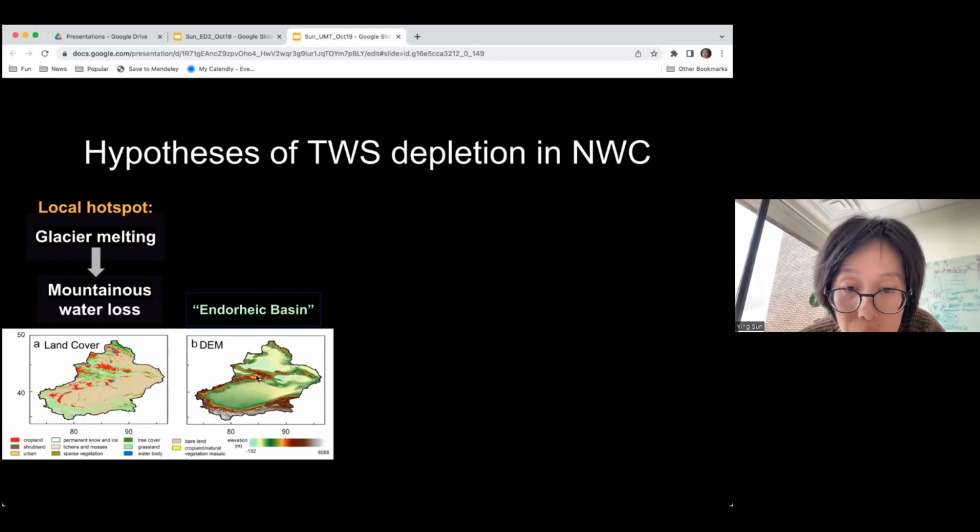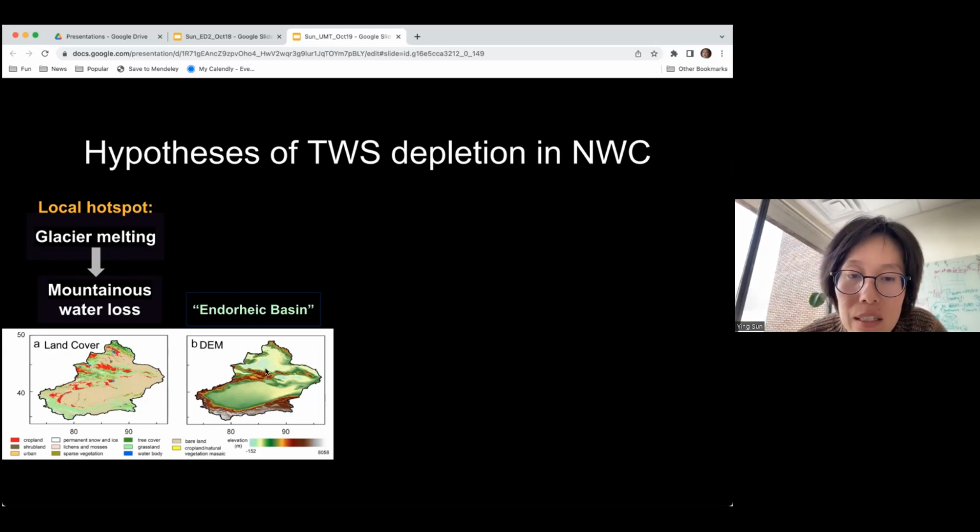Here, the gray area means these are the mountain areas. So that means if there is more glacier melting, there is more water loss in the mountain area, so we can see a lot of the water depletion in these local mountain areas. So that's one of the hypotheses.